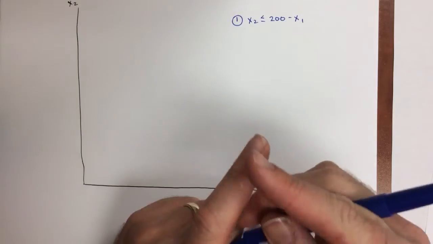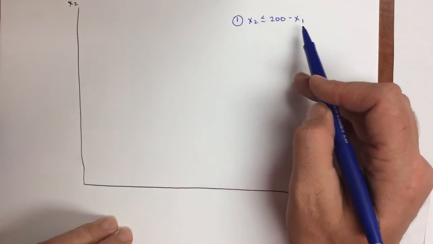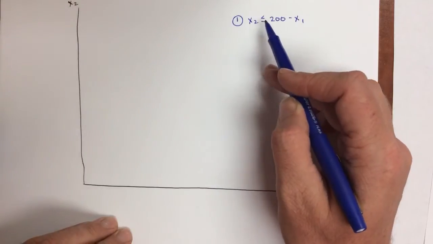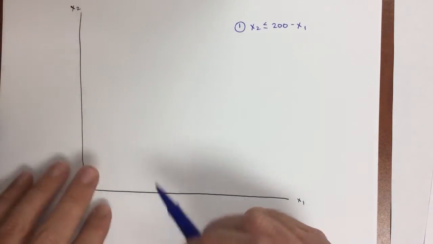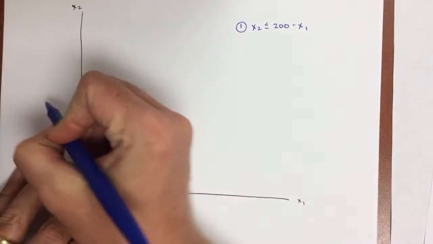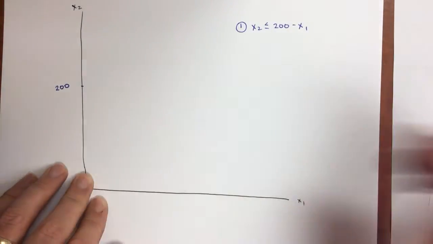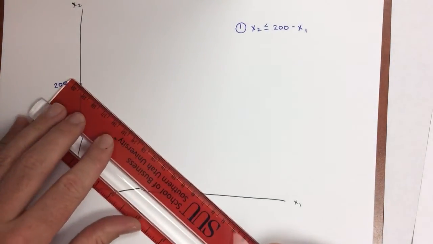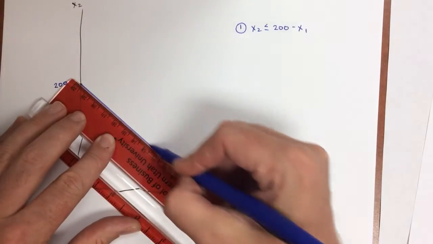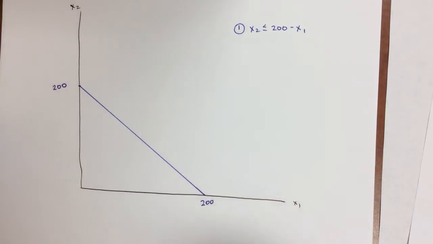So how do I graph that out? Well, that looks a lot like y equals mx plus b. When we look at this less than or equal sign, we'll come back to that. So let's draw this out. We know it crosses the x2 axis at 200. And we draw, look at this, SU approved ruler. Check that straight line out. It's going to be at 200.